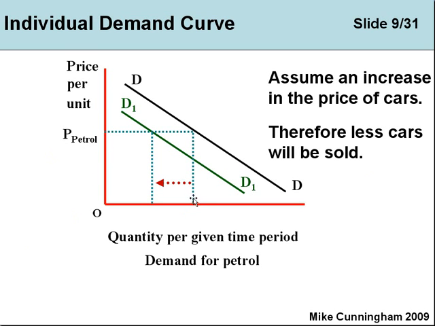Originally the quantity demanded was over here, but now, because the price of cars has gone up, there are less cars on the road. That means at the going price here, less petrol will be sold because there are less cars. So as the price of cars increases, the demand for petrol falls. So the two goods are related.